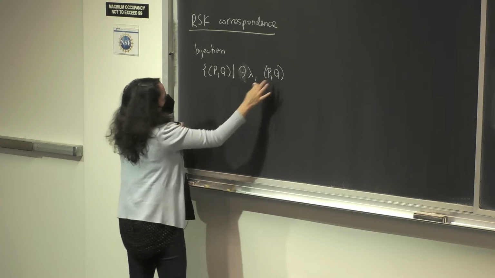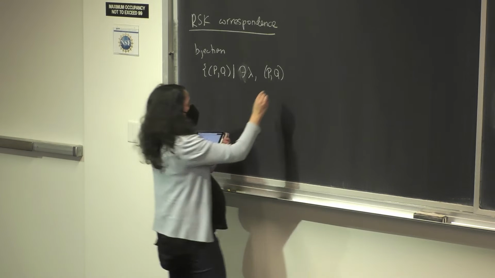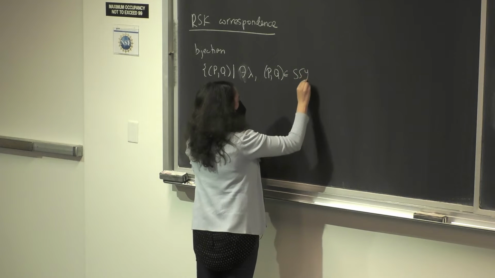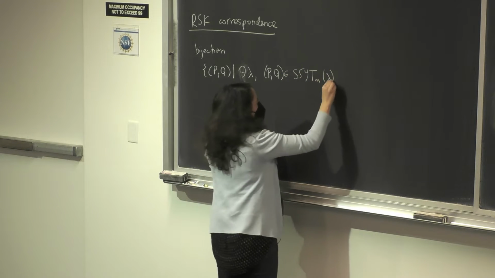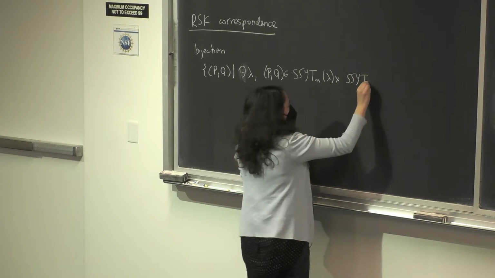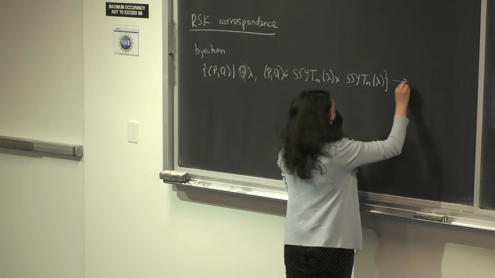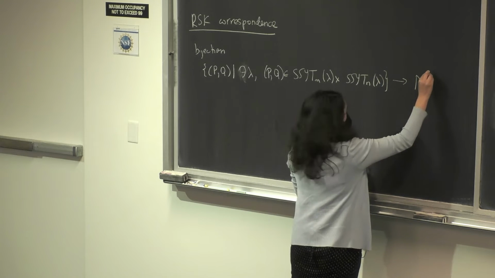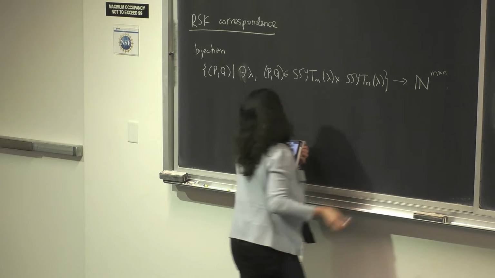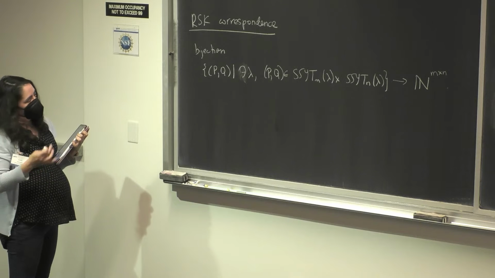This should be a Young tableau of the same shape, but the number of entries, or the type of entries you put in them, can vary. That's no issue. And it's a bijection with matrices. It's a beautiful bijection, very studied.